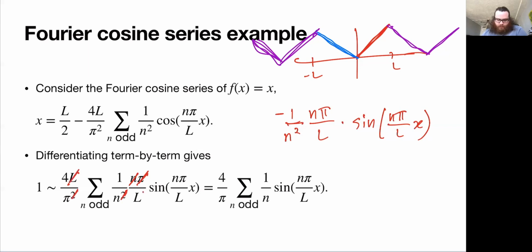This L is going to cancel with that L. And so what we end up with is this series is equal to this series, where we have 4 over pi, and then the sum over odd n of 1 over n sine of n pi over L x. And this is indeed the Fourier sine series of the function 1. And we can even sketch this.